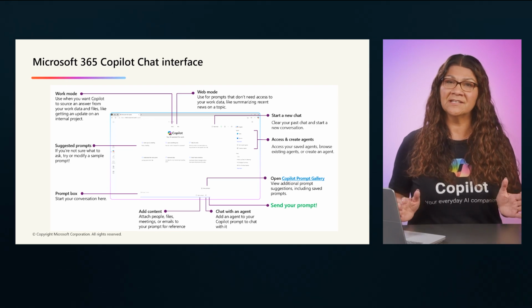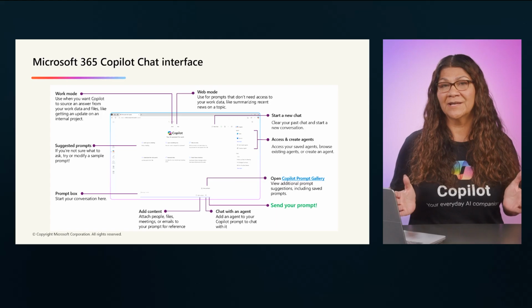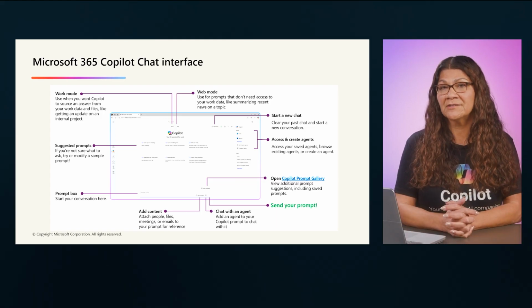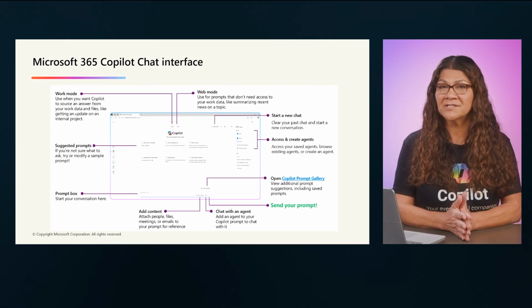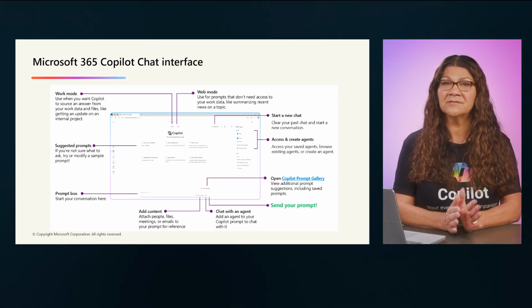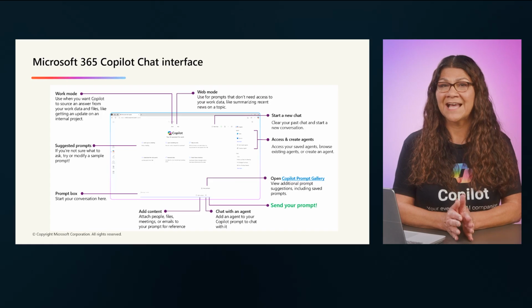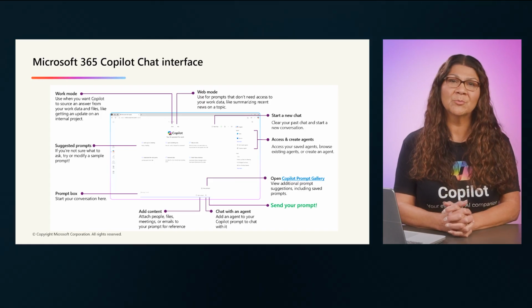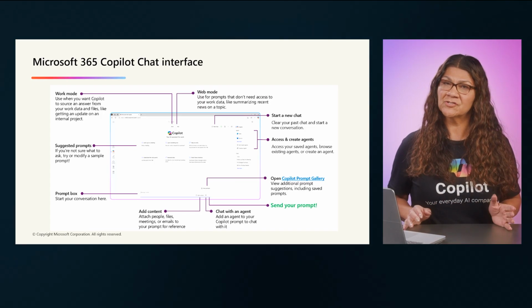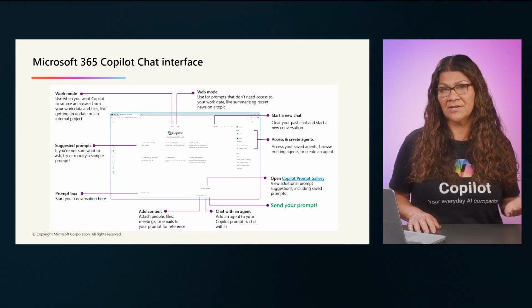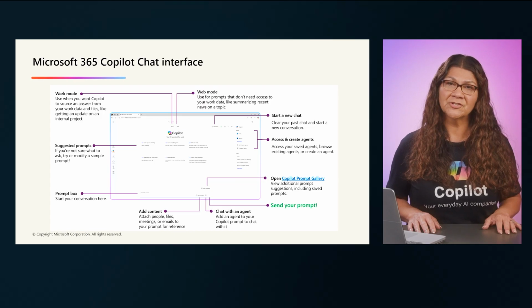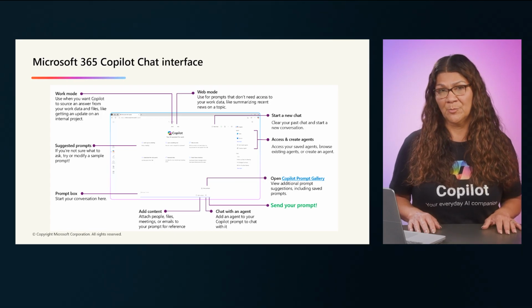Web mode is ideal when you need general knowledge, trend insights, or quick research without touching your work data. If you're unsure how to start, suggested prompts give you ready-to-use examples that you can run as is or customize. The prompt box is where you craft your instructions, and you can add content, files, emails, or meeting notes to give Copilot richer context and more accurate output.